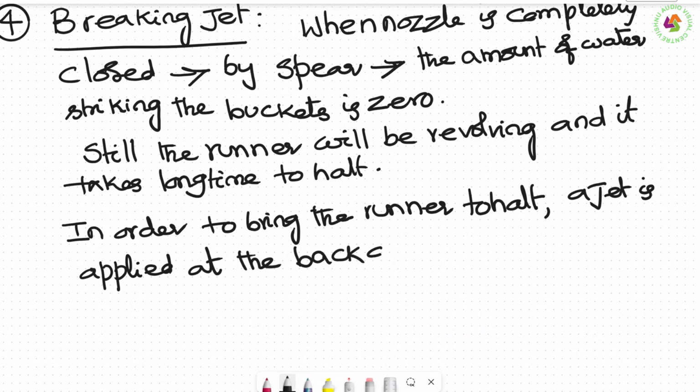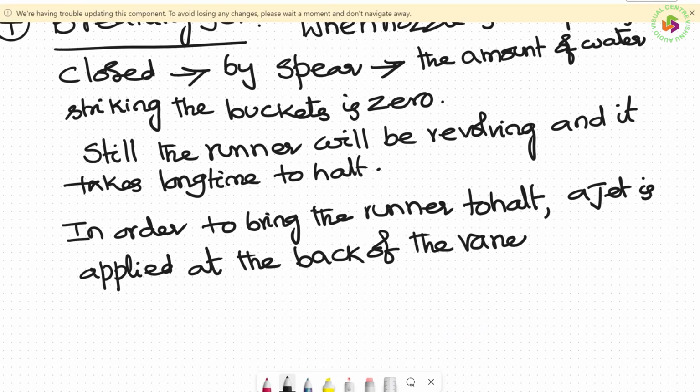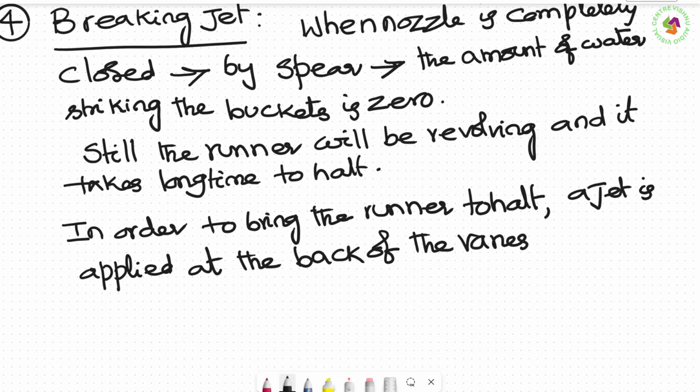At the back of the vanes means in the opposite direction of the runner movement. And this is called the braking jet.